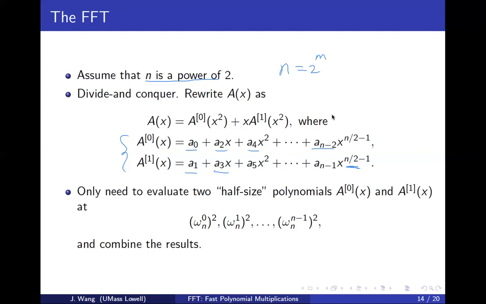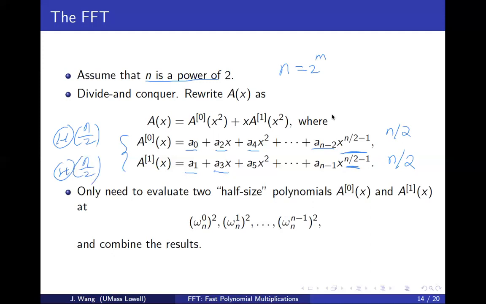Okay, so now you see this is a polynomial bound n over 2. This is a polynomial bound of n over 2. And for the evaluation of A0 and A1, it only takes n over 2 to evaluate a point.